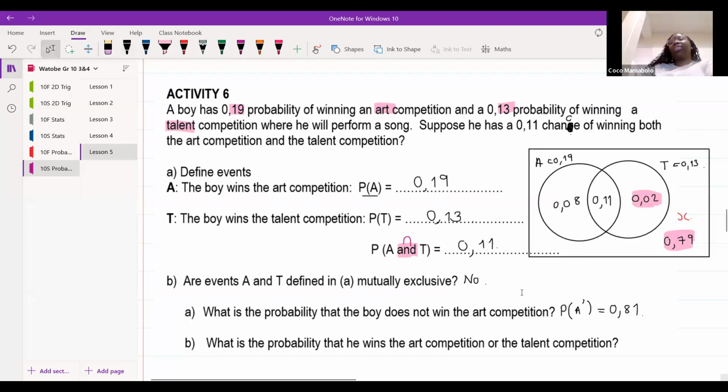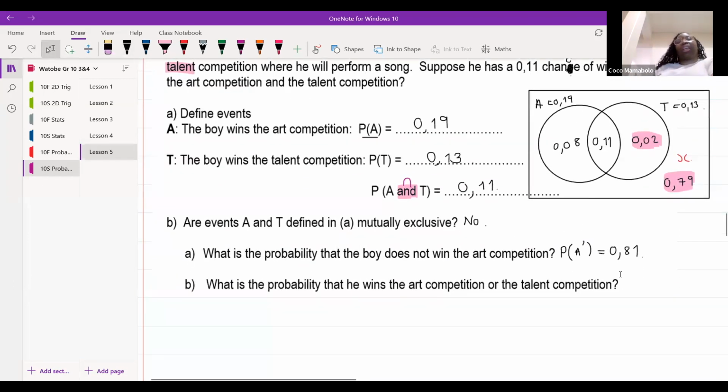Now I want you to look at this next example. They are asking, what is the probability that he wins the art competition or the talent competition? Which rule are we using, guys? The product rule or the addition rule? Correct, the addition rule.